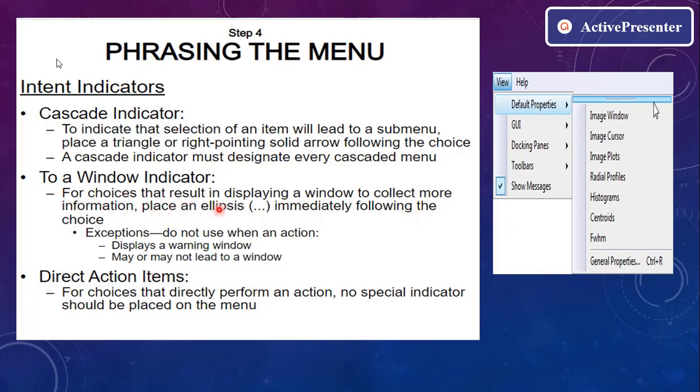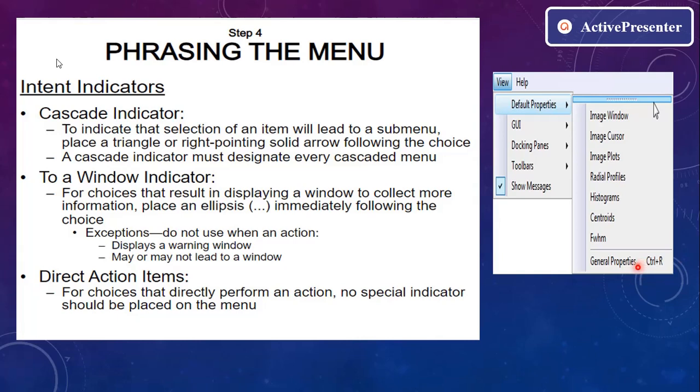So do not place these dots as you wish, because these dots have a meaning when you are displaying them on the screen. And there are certain exceptions. Do not use these dots when an action displays a warning window, or simply placing them will lead to a different meaning. If your menu does not open up a new window, then don't place these dots.